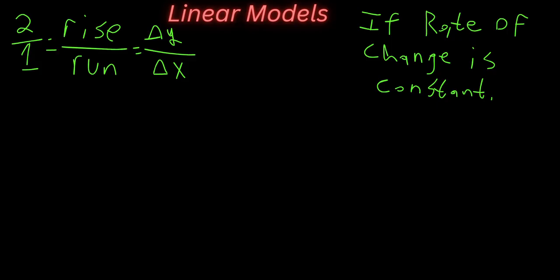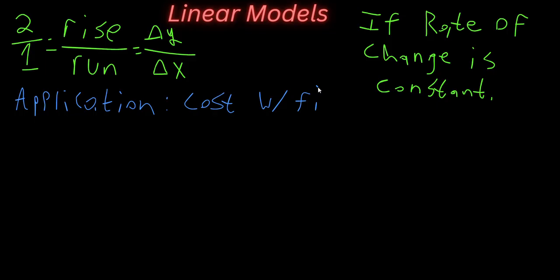So let's get into an application. Okay? And we're going to apply what we've learned about linear equations, slope-intercept form, stuff like this. So the application is going to be cost with fixed rate.